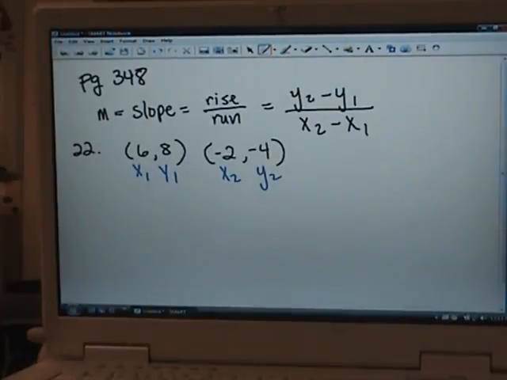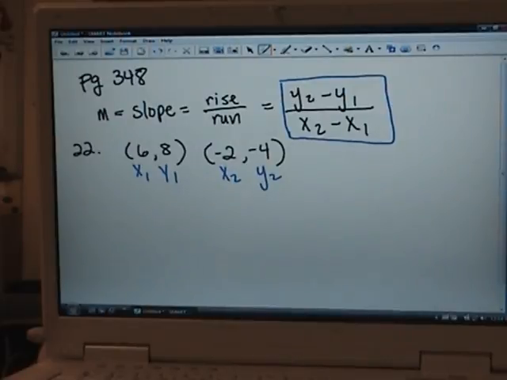We have point number 1, and there's an x and y in point number 1. We have point number 2, and there's an x and y in point number 2. When we set up the formula, we say the slope is y2 minus y1 over x2 minus x1.